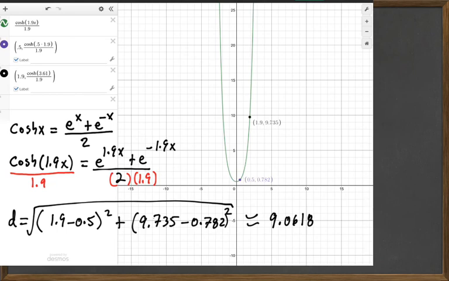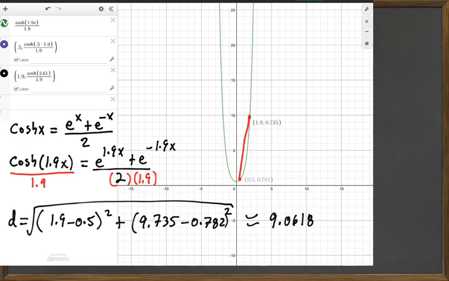So it is a little bit shorter, and that'll be the case if you use the endpoints. It's most likely going to be a little bit shorter. So we're finding the length of this line segment here, and that part of the parabola, it's not a parabola, but it looks like a parabola. It looks fairly straight, and so using the endpoints, I would say, would give us a decent approximation.